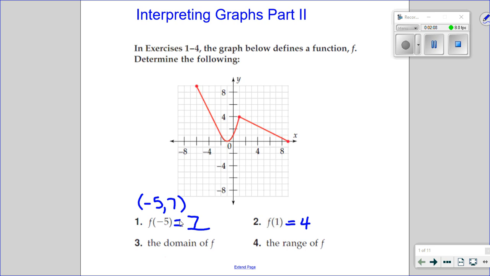And we're just explaining what the x values are for that particular graph. So I'm noticing, if I read this graph along the x-axis, that the x values start at -6 and then stop at 9.